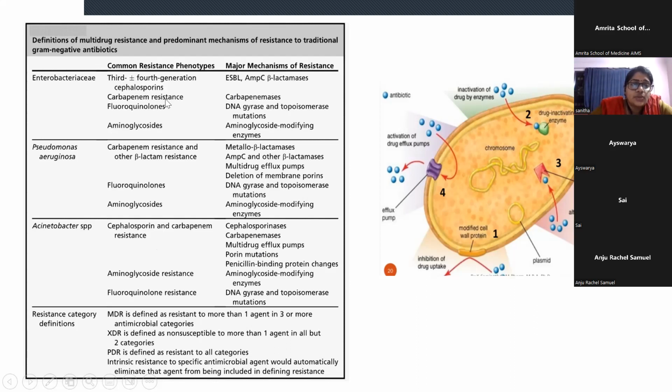Carbapenem resistance is due to the expression of carbapenemase enzymes. Fluoroquinolone resistance is due to mutations in DNA gyrase and topoisomerase enzymes. Aminoglycoside resistance is due to aminoglycoside modifying enzymes. This resistance is common for Pseudomonas aeruginosa and Acinetobacter species.